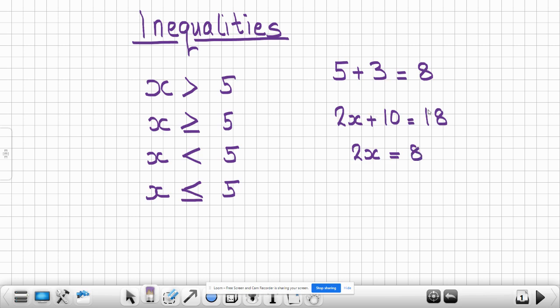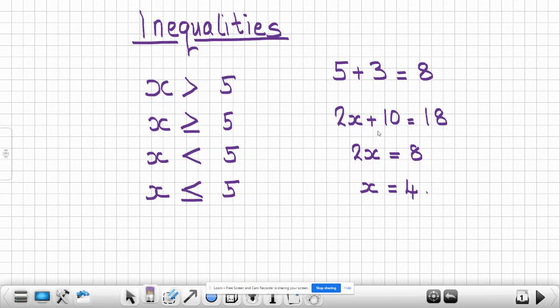We must subtract the 10 from both sides. And then because x is being multiplied by 2, we can divide by 2 to get x. But we must also remember to divide the other side by 2, and we get 4. So therefore, we work out that x is 4.